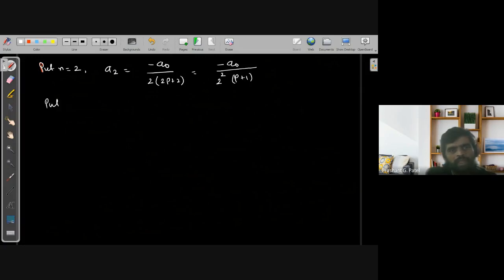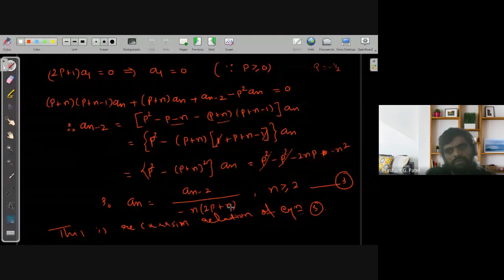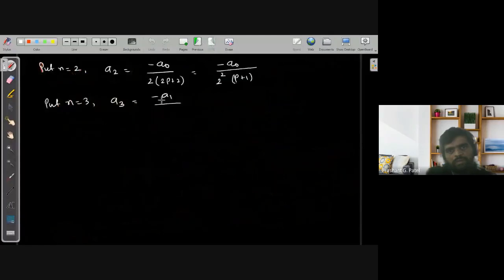Now put n equal to 3. A3 will contain minus a1 upon 3 into (2p plus 3).